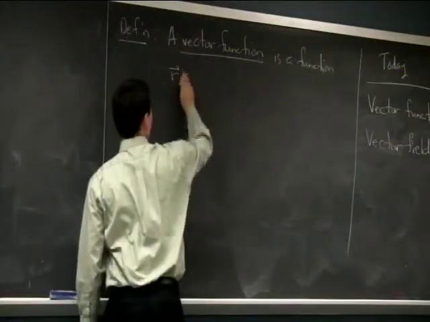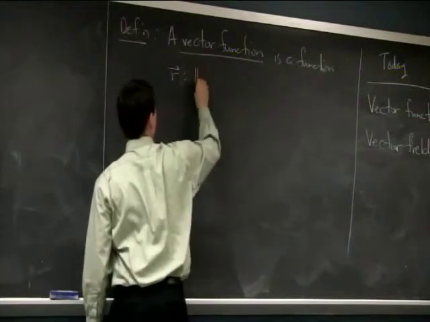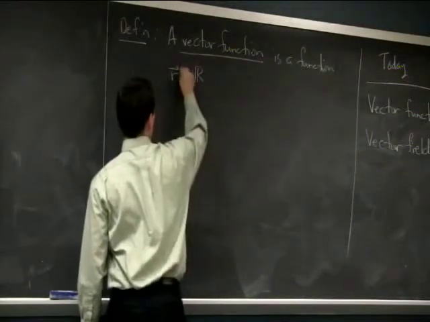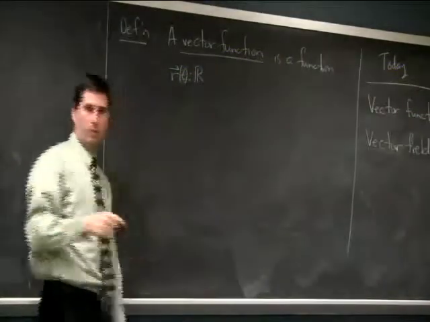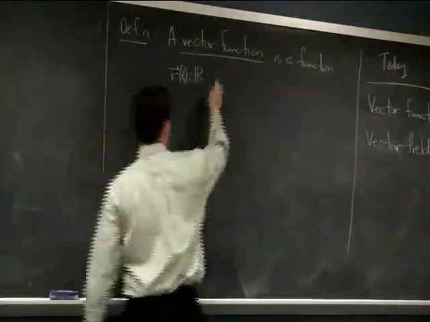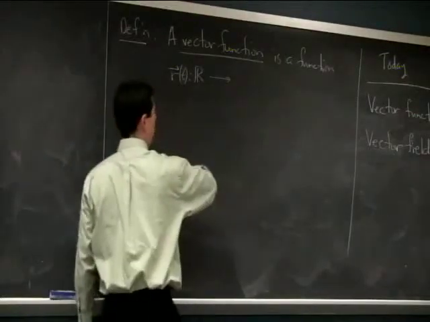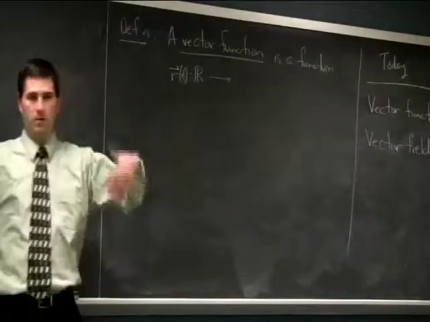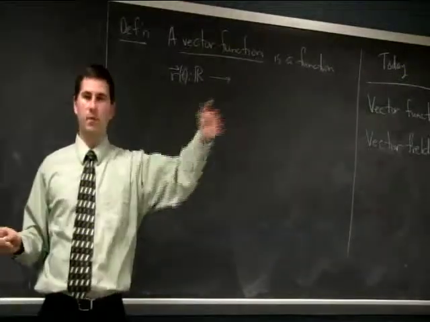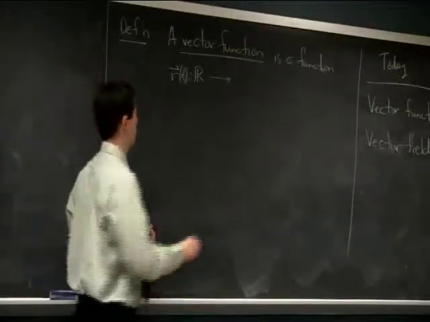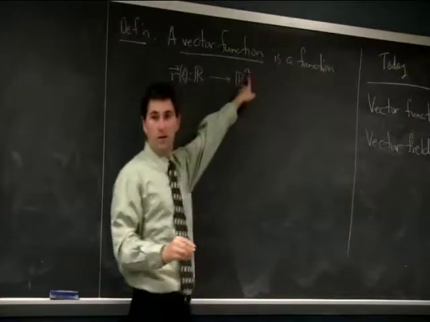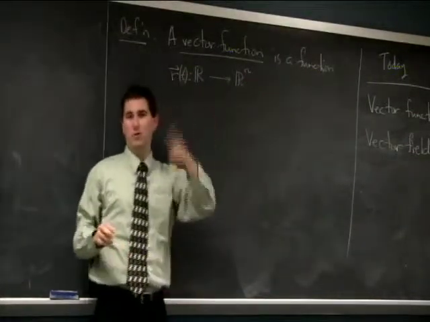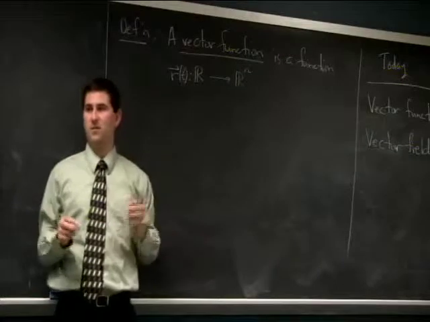It's a function. And what does it eat? It's only right to say R of t. It eats a real number, and it spits out a vector. And that vector should have a certain number of components. So maybe it has n components. So it could be a vector in 2 dimensions, 3 dimensions, 5 dimensions, n dimensions.